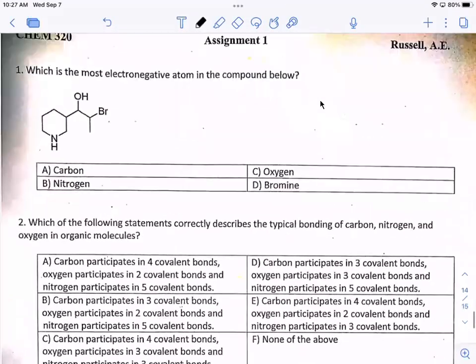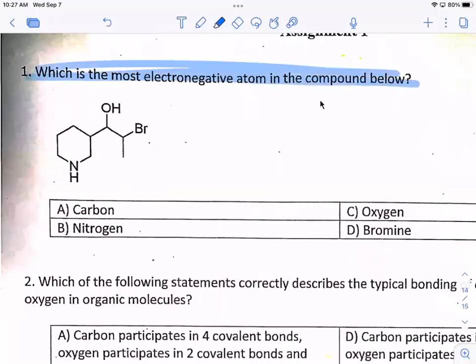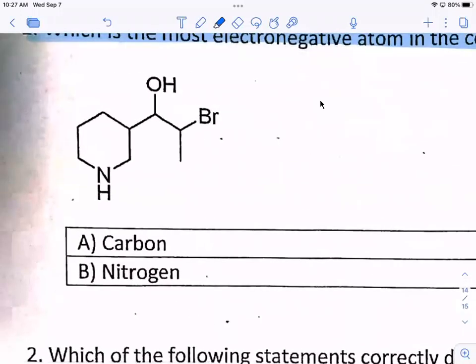Let's go here. We'll start with this molecule. Which is the most electronegative atom in the compound below? How do we know that? What is that based on? And for the record, all of those are carbons.